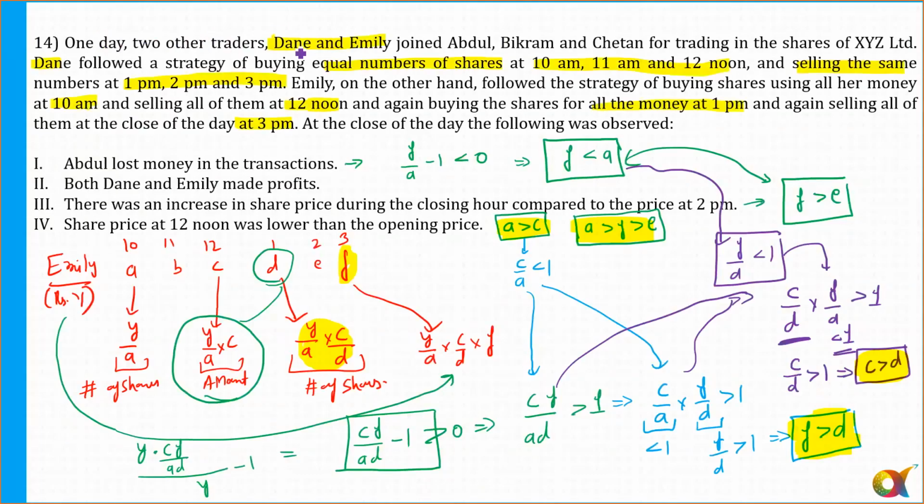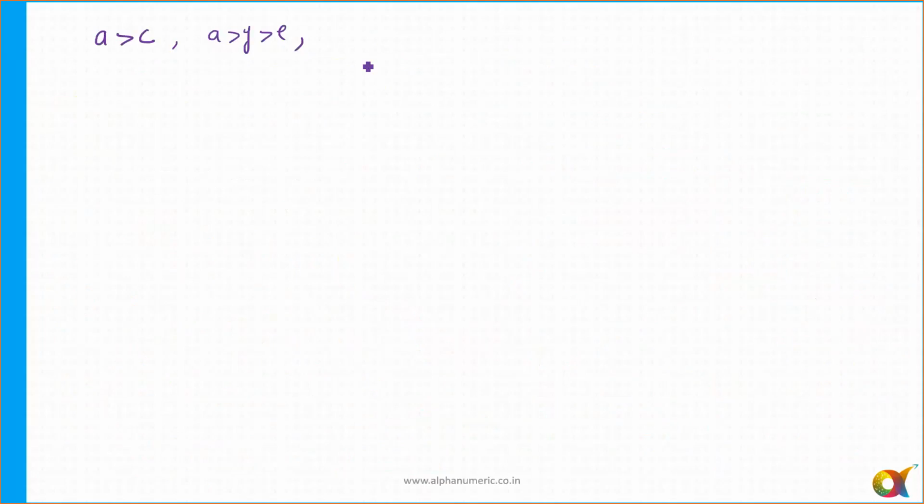The points which I have got here: A is greater than C, A is greater than F, and F is greater than E. Also, two more new pieces of information which I have got: C is greater than D, F is greater than D. So C is greater than D, as well as F is also greater than D. So these are all the information which we have gathered till now. Any doubts to anyone now?